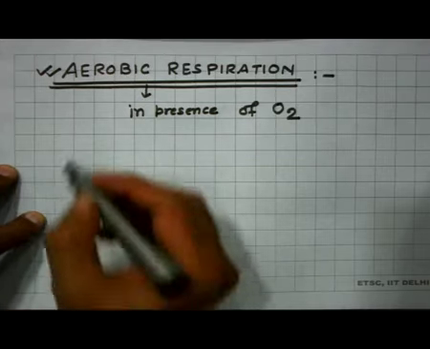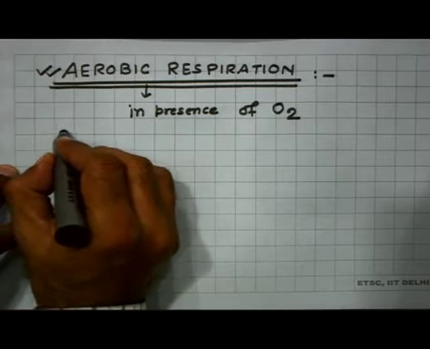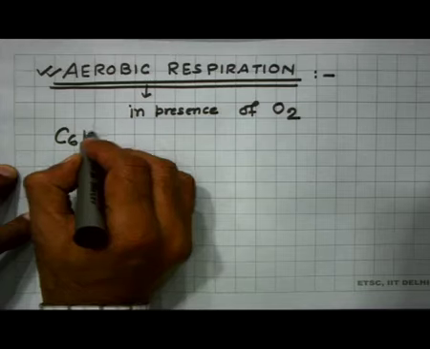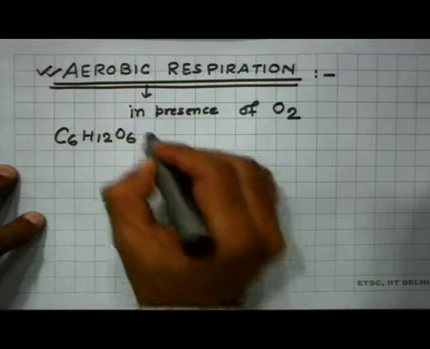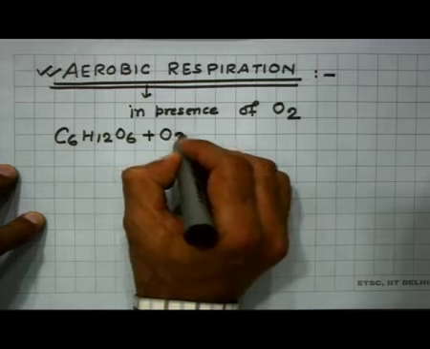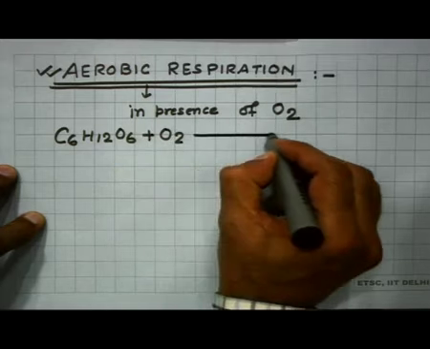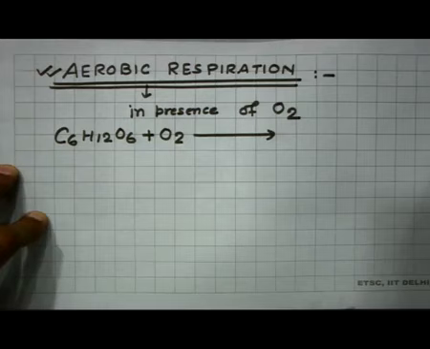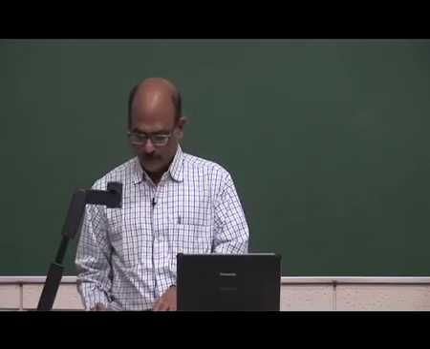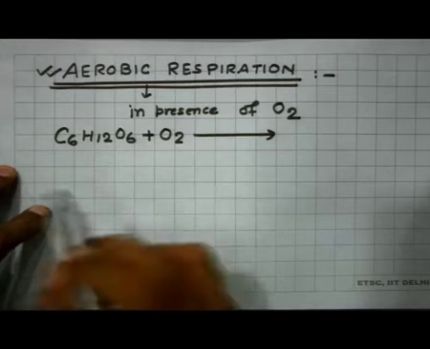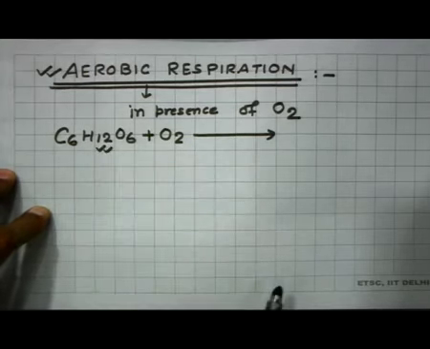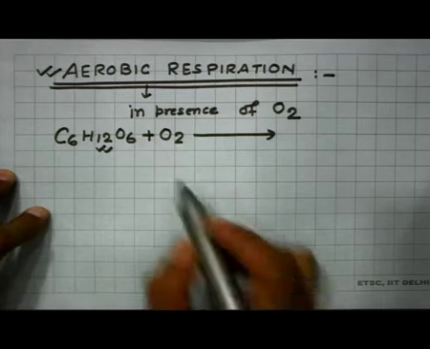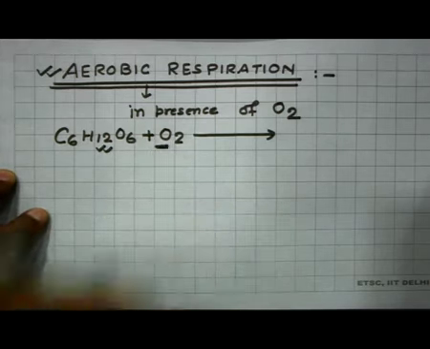And the glucose molecule is going to be broken down. Here the glucose molecule in the presence of oxygen is completely broken down, but in anaerobic respiration there is a partial breakdown of the glucose molecule. In aerobic respiration the glucose molecule completely breaks down in the presence of oxygen.